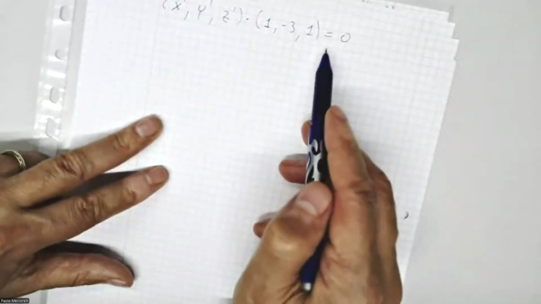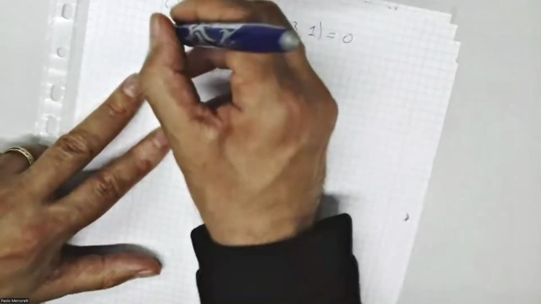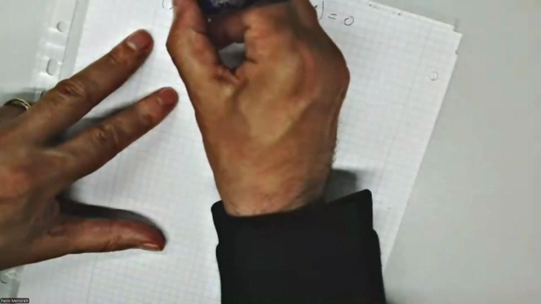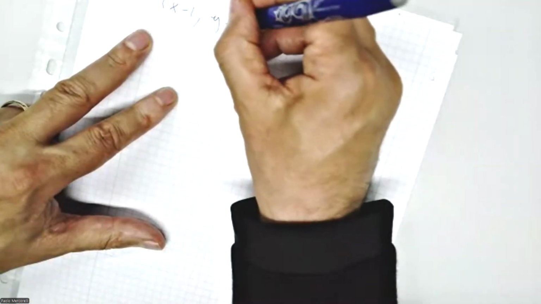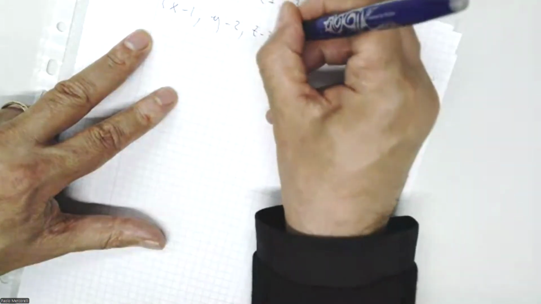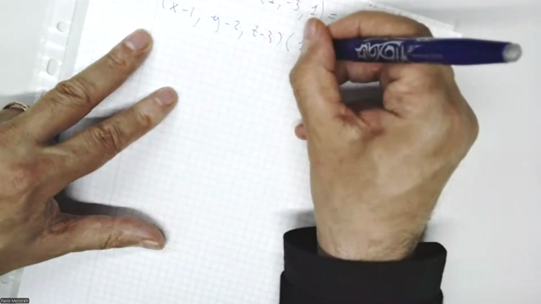If you do this calculation, you find exactly what I already showed you before. This was x minus 1, y minus 2, z minus 3, which multiply all the scalar.